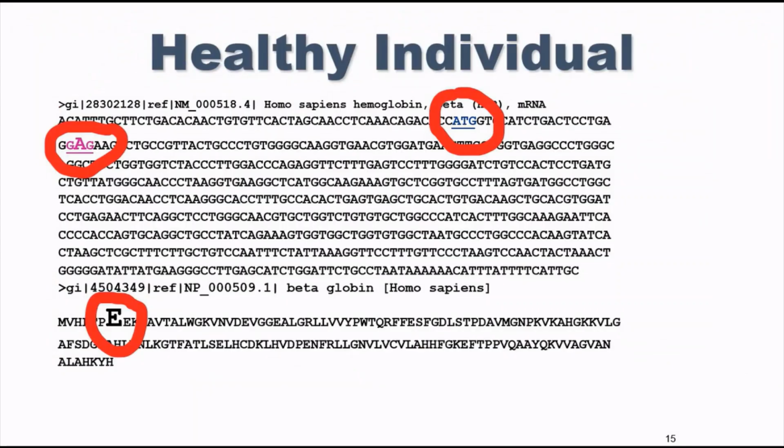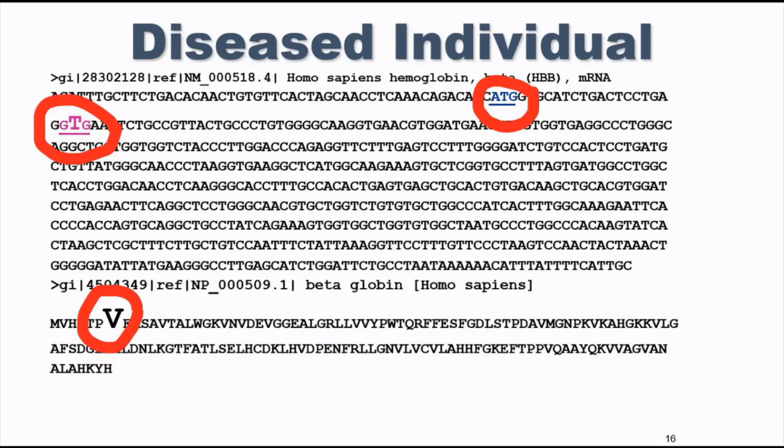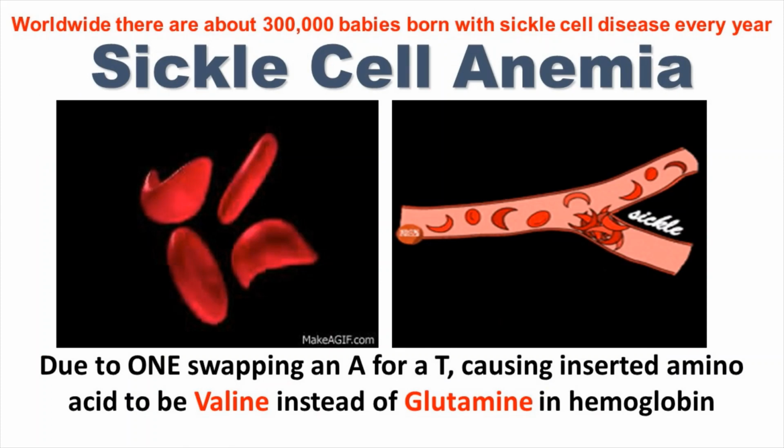There is only one amino acid change, that is valine is present instead of glutamic acid, and that is also because of one change in the sequence, that is adenine instead of T. So adenine thymine replacement is causing a disease called sickle cell anemia, and this can be easily understood by bioinformatics, and the information obtained by bioinformatics can be used in order to solve the problem.